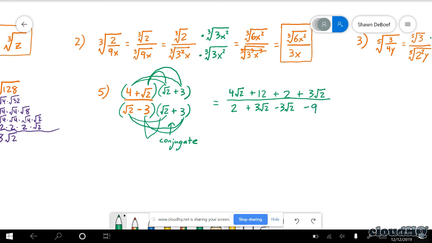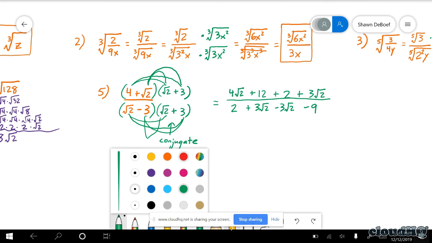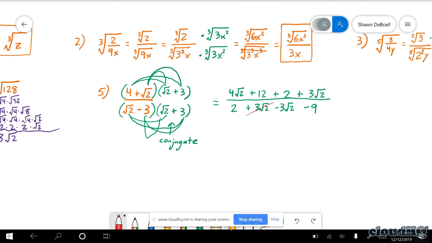Why is it that we use conjugates? Your positive 3 square root of 2 and your negative 3 square root of 2 cancel each other out. So my denominator is a negative 7. My numerator, I have 4 square roots of 2 and 3 square roots of 2, so that's a total of 7 square roots of 2. And I have 12 plus 2, that's a total of 14.